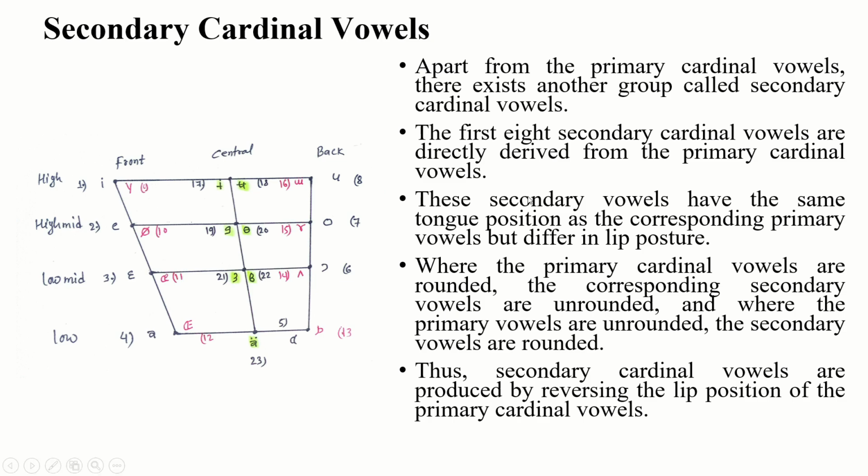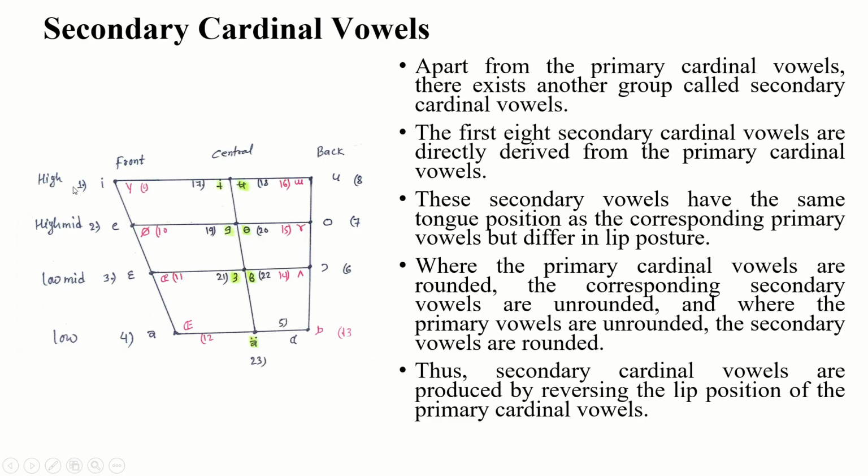So these secondary vowels have the same tongue position, meaning front, central, and back, but the lip posture is different. Cardinal vowel 1 is unrounded, and its pair is cardinal vowel 9.